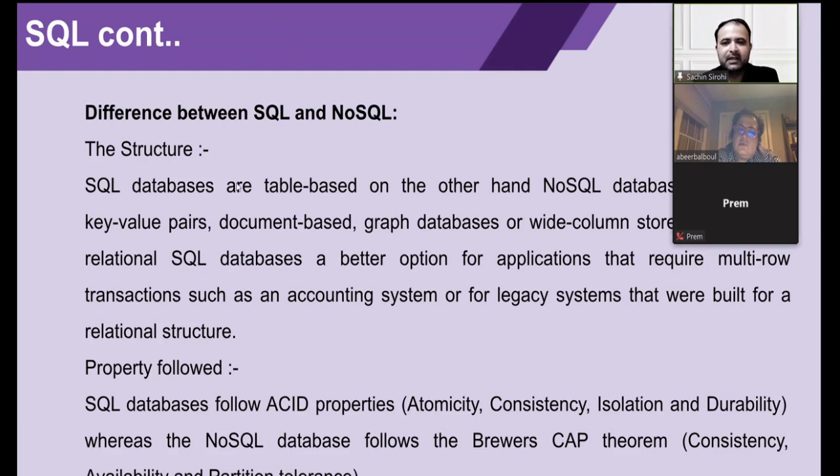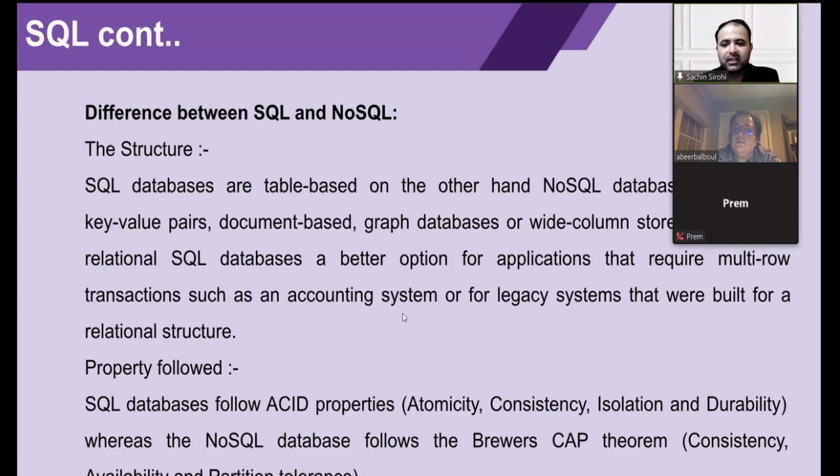SQL is basically a relational database, a better option for applications that require multi-row transactions, such as accounting systems, legacy systems, and systems built for relational structure. These are much better where we run applications to store data and perform CRUD operations.